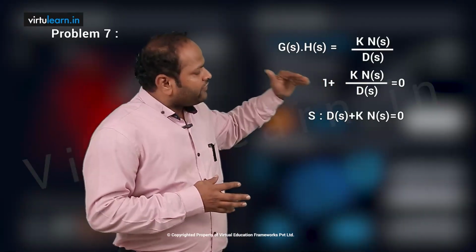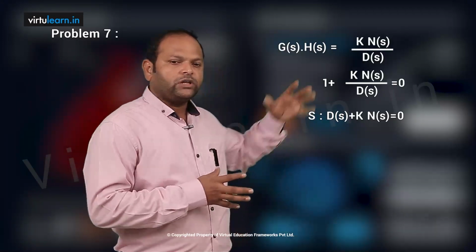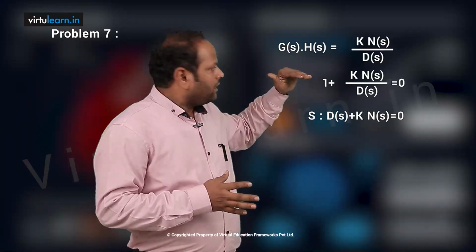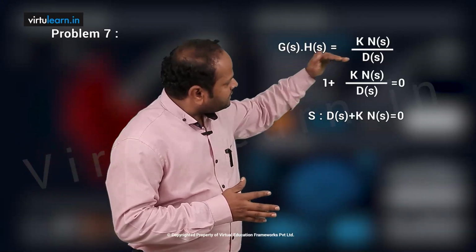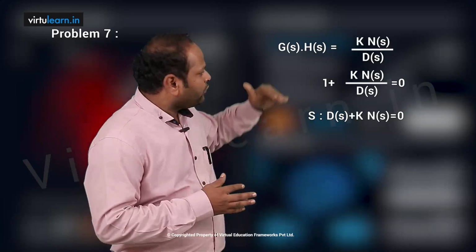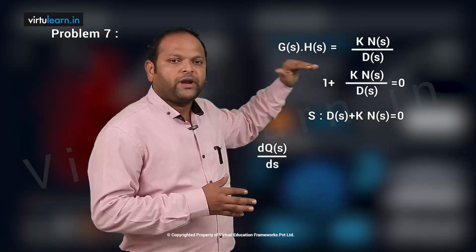Now, I am going to differentiate equation 1 with respect to s. Let us say the characteristic equation is q of s, and I need dq of s by ds.